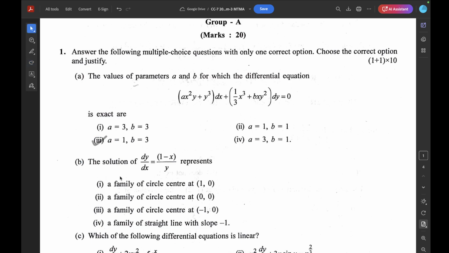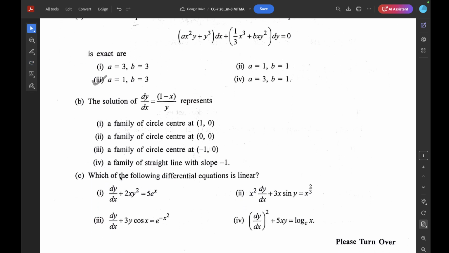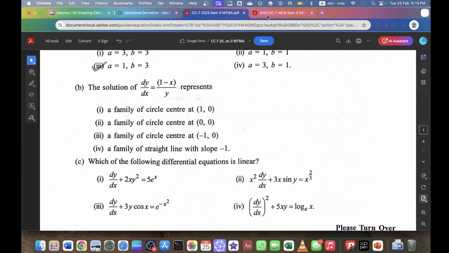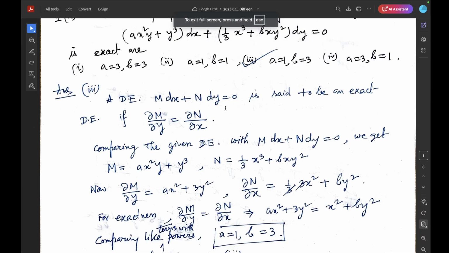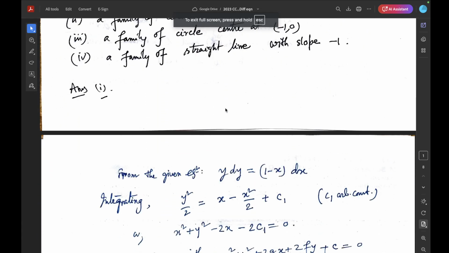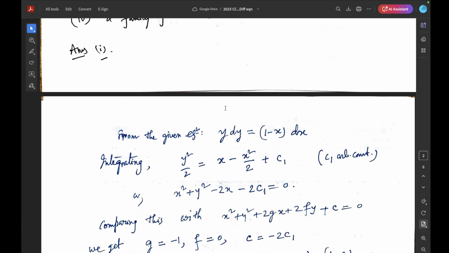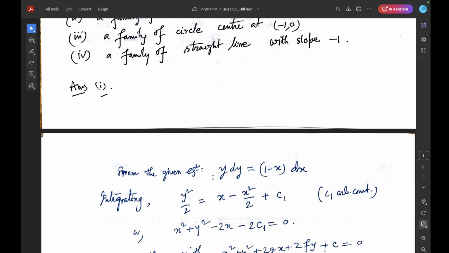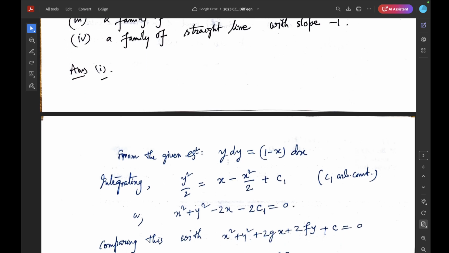Next question 1b. The solution of dy/dx = (1 - x)/y represents what? From the given differential equation, by separating variables, we get y dy = (1 - x) dx.